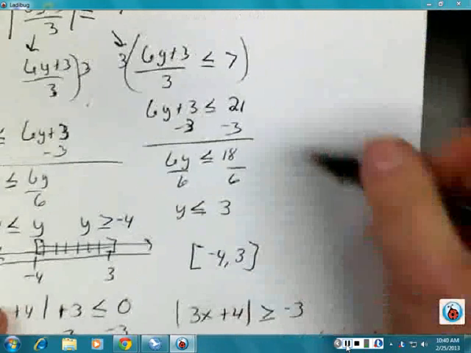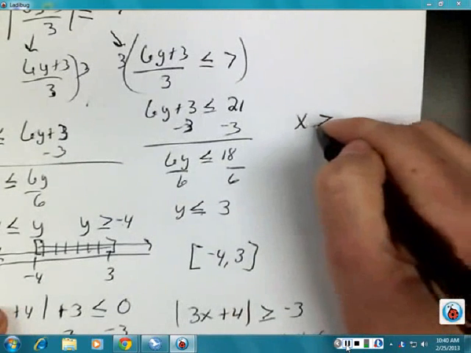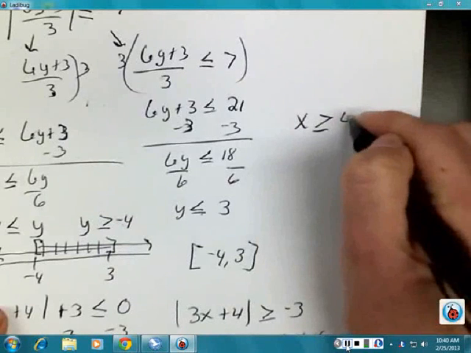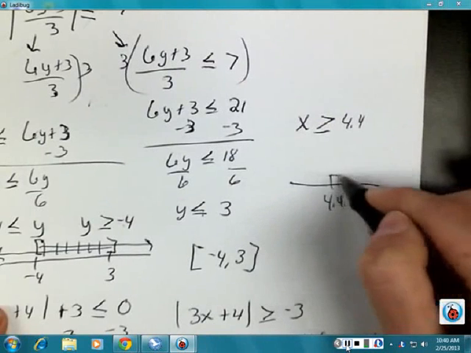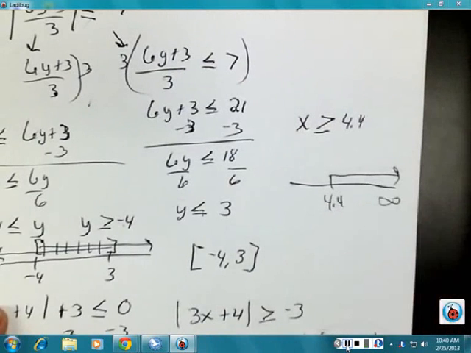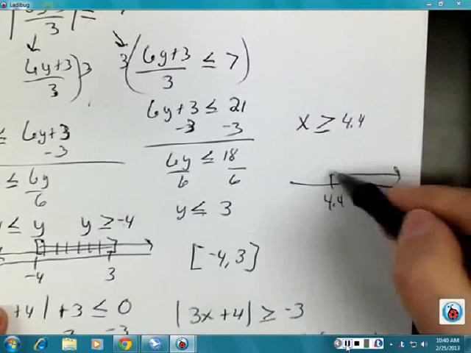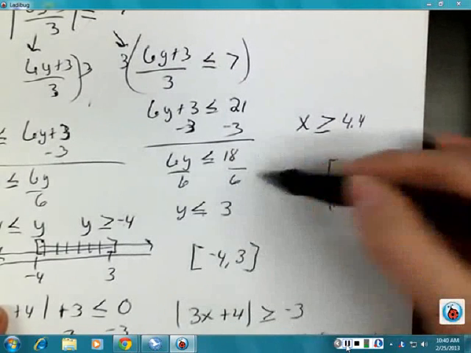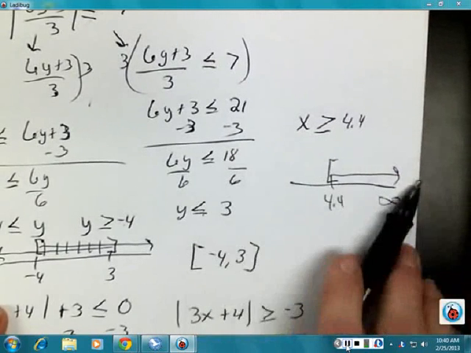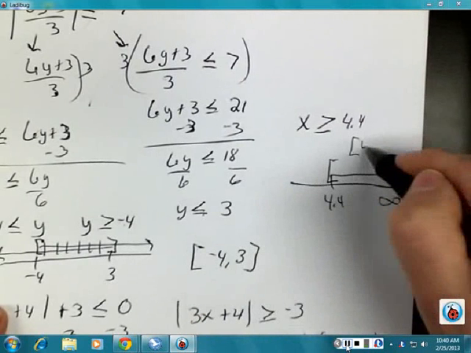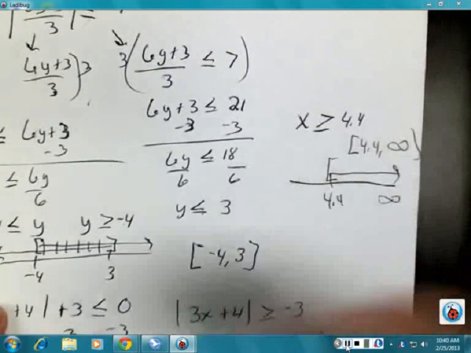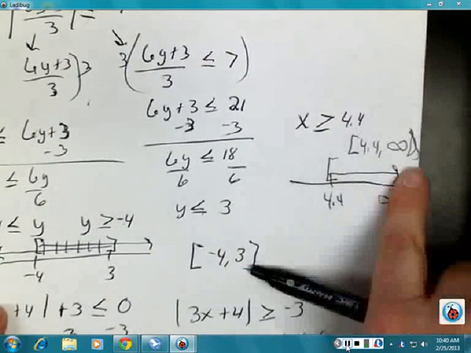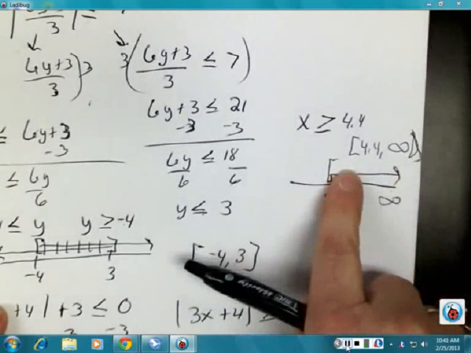Now if that would have been x is greater than or equal to 4.4, then I would have went to positive infinity, and 4.4 is included. So if I read my number line going from left to right, it's from 4.4 to positive infinity. The infinity would be a parenthesis, and the first would be a bracket because you had an equals.